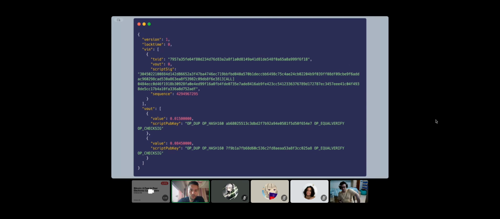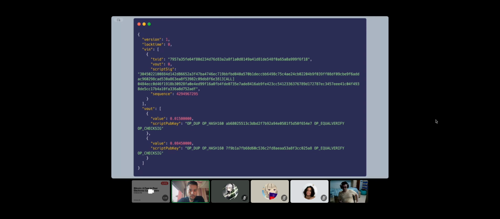We saw it has a version number, a lock time thing. It has a vector of inputs, and those inputs point to a previous transaction that you are trying to spend. It actually points to one output on a previous transaction that we are trying to spend.